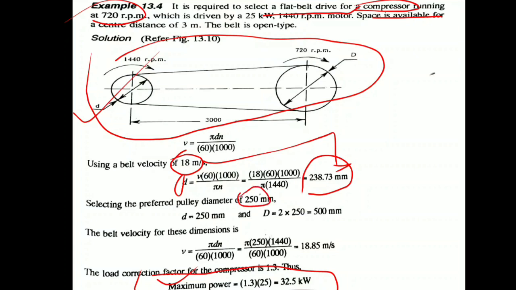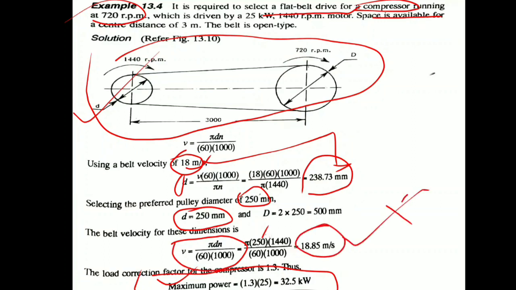If I take the diameter 250, of course the velocity changes from 18 to something else. So for the 250 diameter, I need to calculate the velocity. Again I use this equation, I put the value of diameter 250, and I will get 18.85 meter per second velocity. So this velocity I need to take for further calculations. Understood?